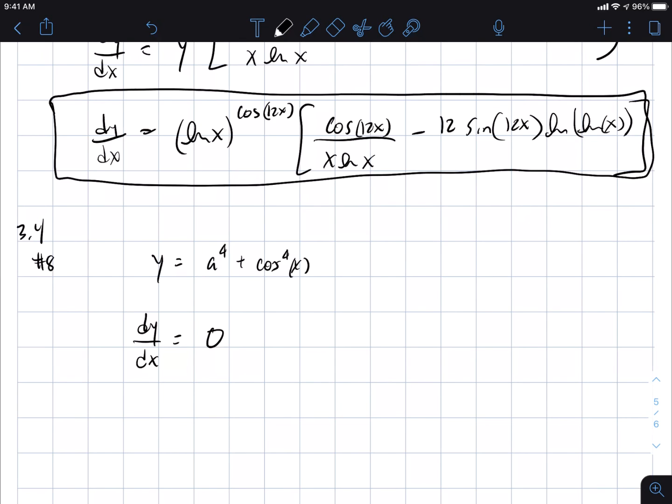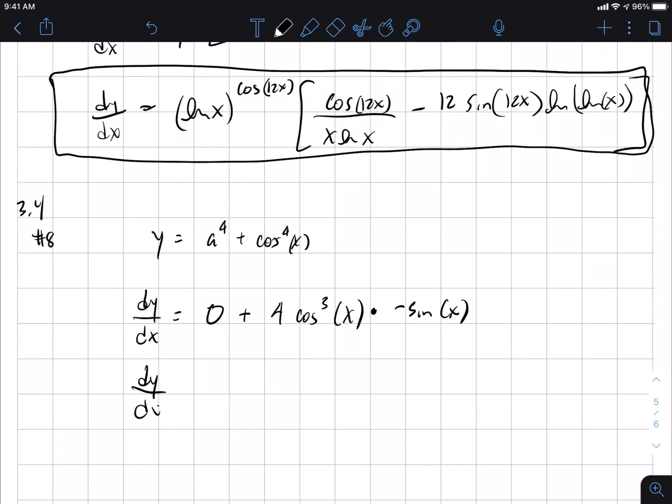So a to the 4th is gone. And then we need to use the power rule. So it's going to be 4 cosine cubed of x times, cosine's on the inside, so negative sine of x, right? And then if we want to take the derivative of x, we know that that's going to be 1. So then we see that this is going to be negative 4 cosine cubed x sine of x.